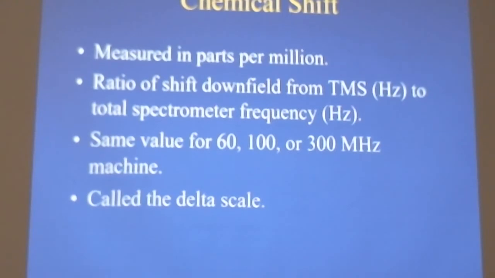Again, your chemical shift is measured in parts per million. It's relative to tetramethylsilane, which we define as 0. Now, we said that we drop the sample inside a magnet. There's different strengths for my magnets.